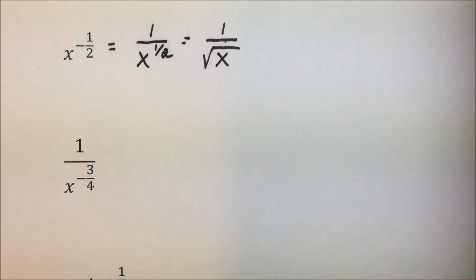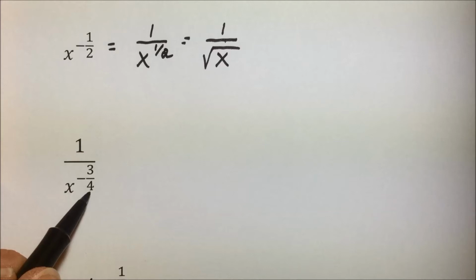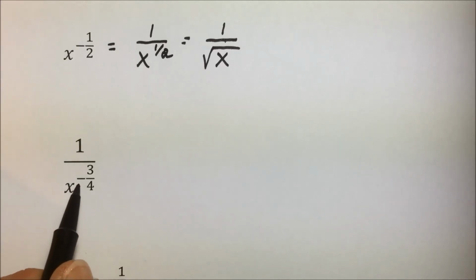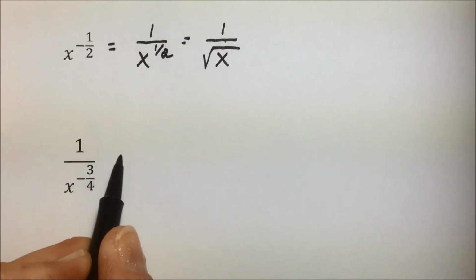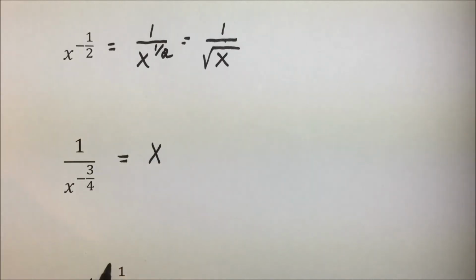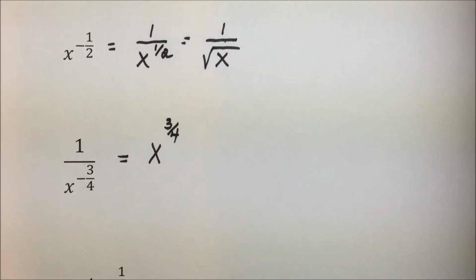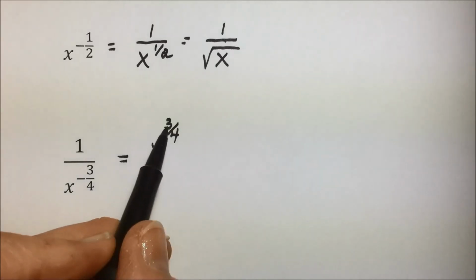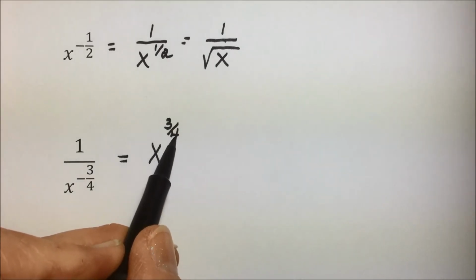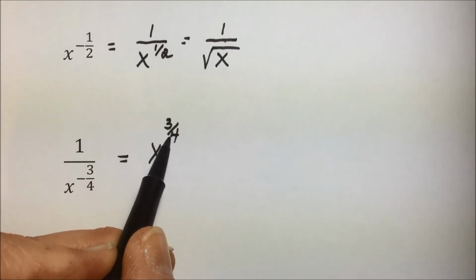In this next example, we have a denominator with a negative exponential power. So to eliminate a negative exponent in the denominator, it will come to the numerator. So this is equivalent to x to the 3/4 power. As far as simplifying this, we can put it in radical form, but since this fraction cannot be reduced any further, we won't be able to simplify the radical either.